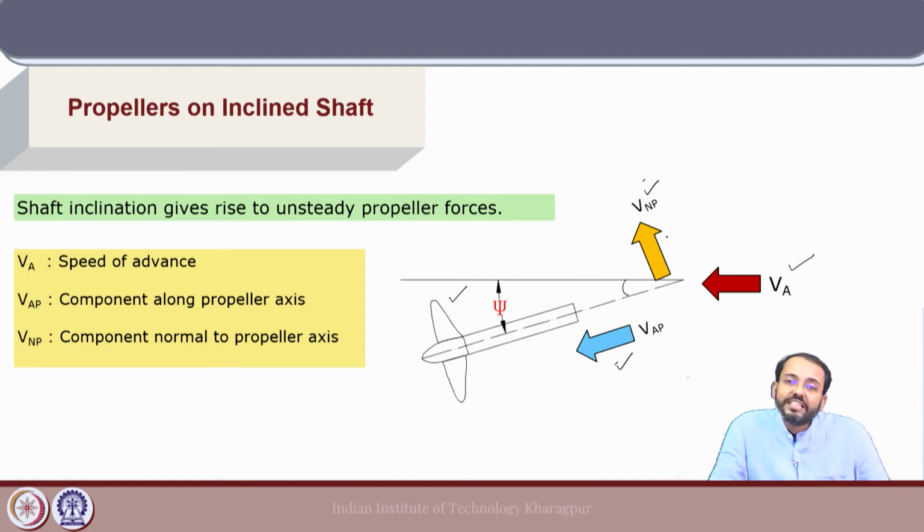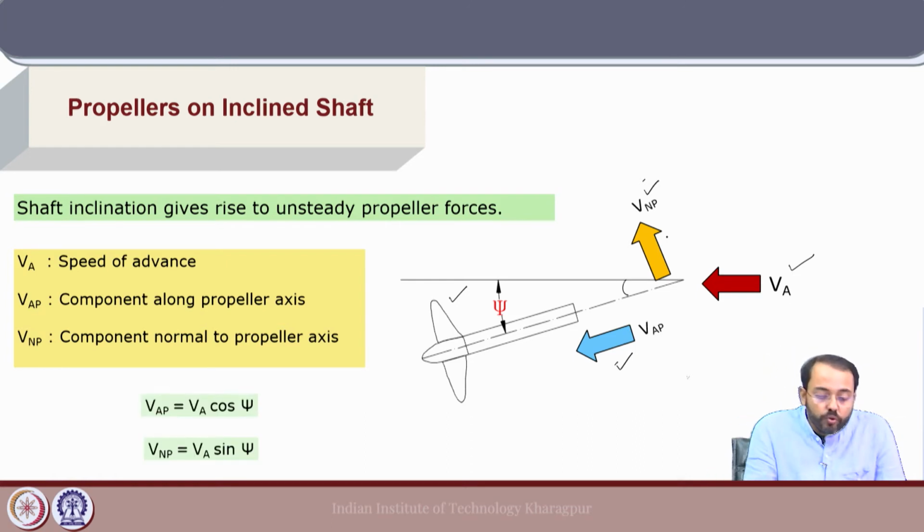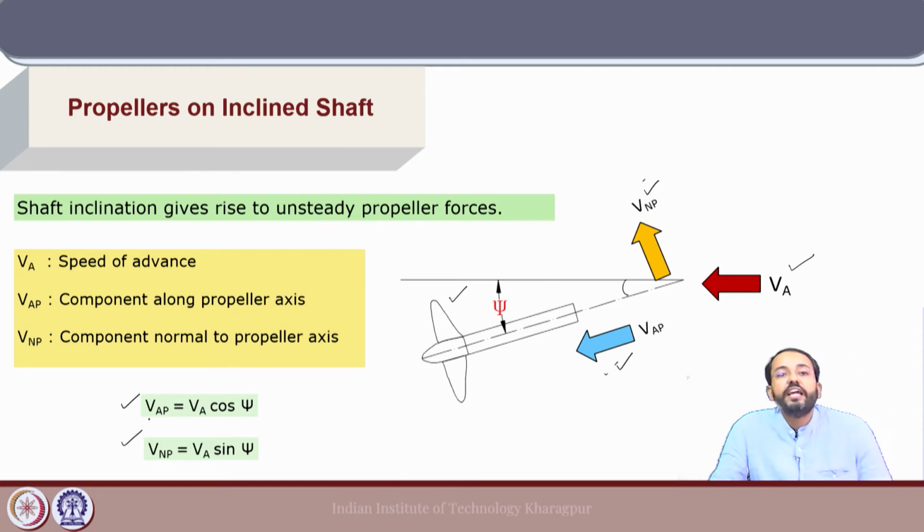Now, for these propellers on inclined shafts, these extra velocity components will lead to further unsteady propeller forces and moments. So, VAP can be written as VA cos psi and VNP as VA into sine of the angle of inclination psi.